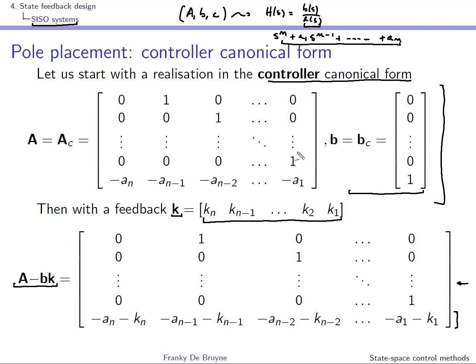From what we have seen previously, let's call this one P_OL(s), the characteristic polynomial in open loop. You can also obtain the characteristic polynomial in closed loop, and that will be s to the power n plus (a1 plus k1) s to the power n minus 1, and so on up to an plus kn.